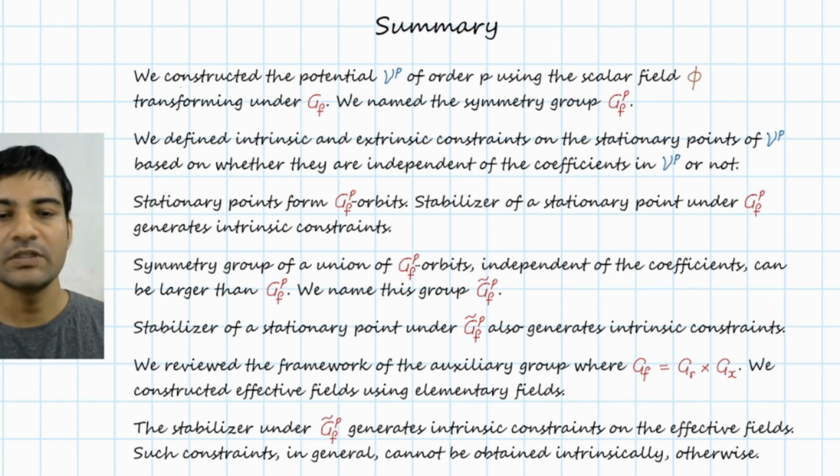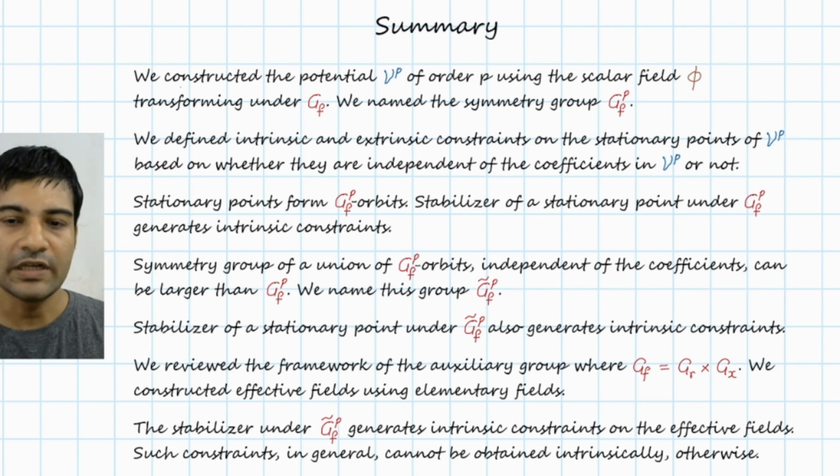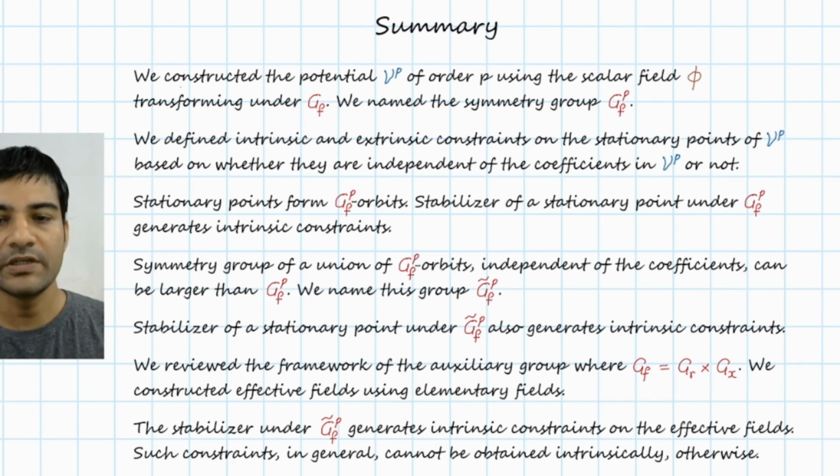We reviewed the framework of the auxiliary group where GF is given as the direct product of the conventional group GR and the auxiliary group GX. We constructed effective fields using the elementary fields. The stabilizer under G tilde FP generates intrinsic constraints on the effective fields. Such constraints in general cannot be intrinsically obtained otherwise.